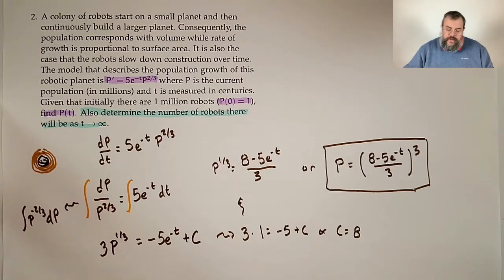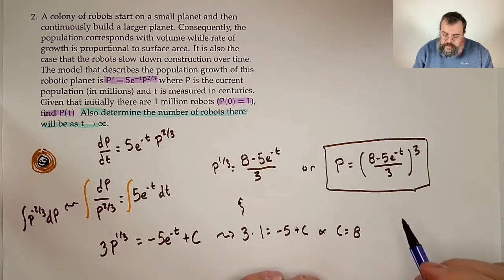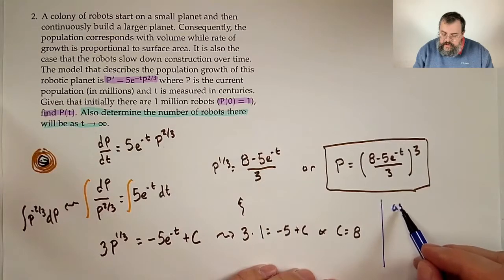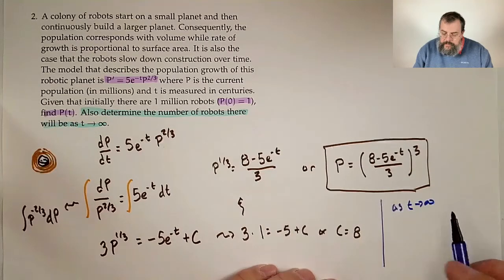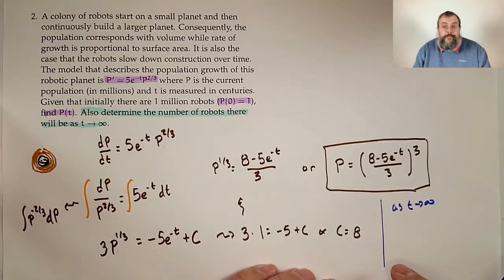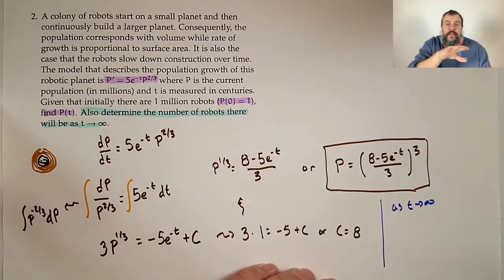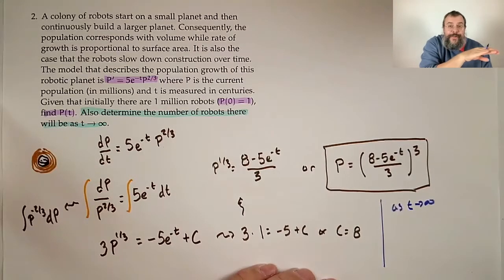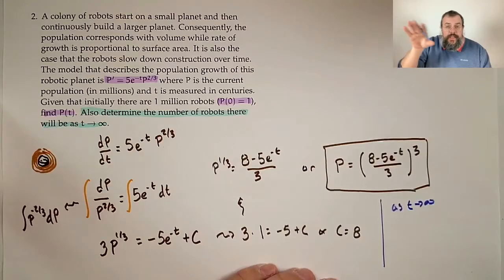What's the answer? Well, in this case, we say, look, as t goes to infinity, let's think about what happens. Well, the only place t is showing up is at e to the minus t. And the exponential function, if you plot it, is going down as you head off towards infinity. Now, I've got to be careful because there's the e to the minus t versus e to the t.